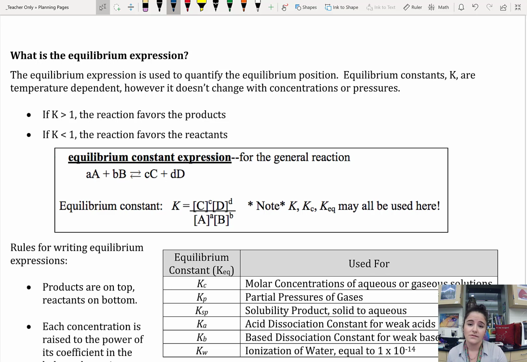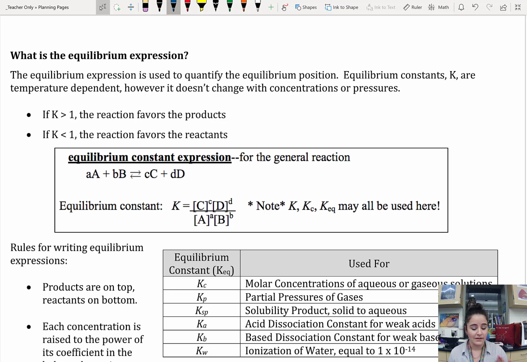So there are different K values depending on what temperature the reaction is going to be completed at. However, the equilibrium constant doesn't change with regards to initial concentrations or initial pressures. Though those things can affect the position of the equilibrium, it does not affect the equilibrium constant. And once we get further into the unit, you'll see a little bit about what that means.